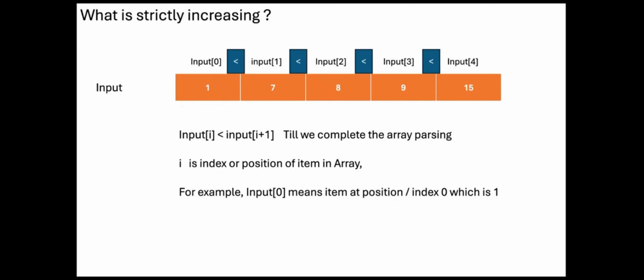So this array is called strictly increasing because from the beginning the next element is always greater than the previous element, right?